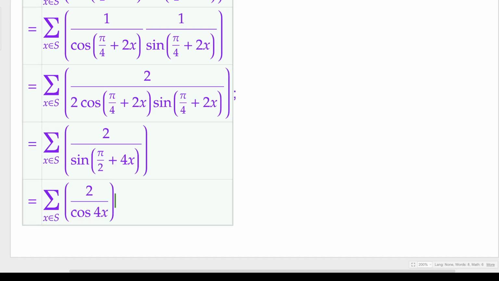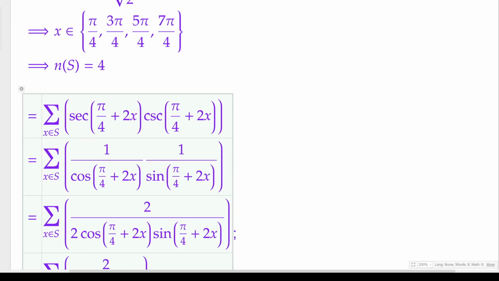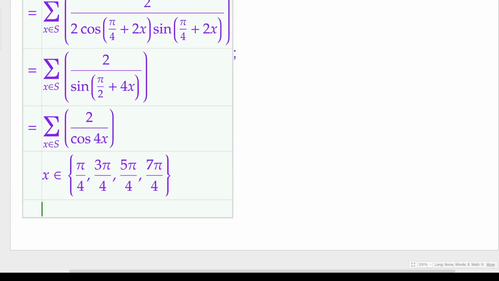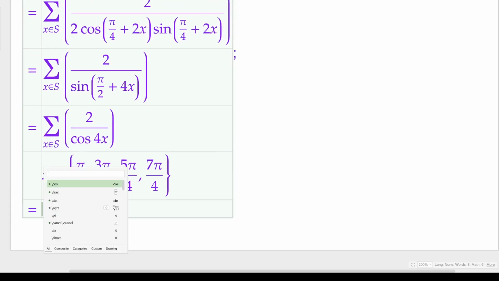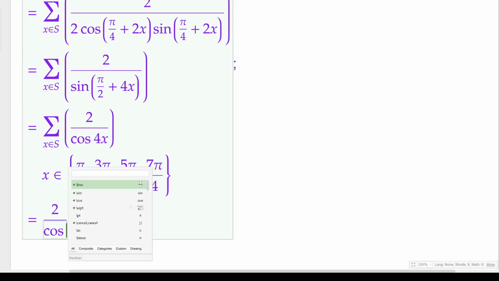Now finally we'll plug in the values one by one. If I write the set, these are the values that x can accept. Now in the summation I'll plug in the values. If I substitute pi over 4, this would clearly become cos pi.